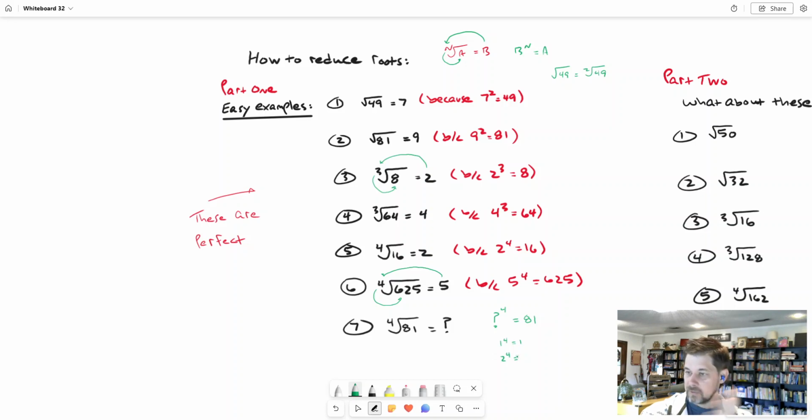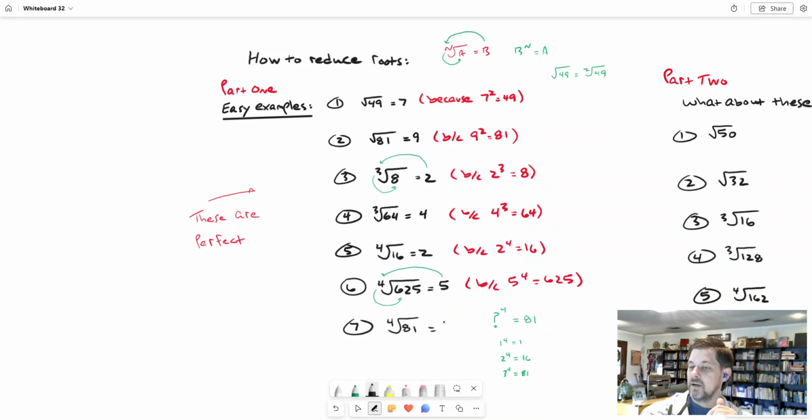Multiply all that out, I'll get 16. So do you see how maybe if I keep going, I'll be able to find it? What's 3 to the fourth power? If I calculate 3 times 3 times 3 times 3, I will get 81. Okay? So the answer is 3. So that's how I can find it.